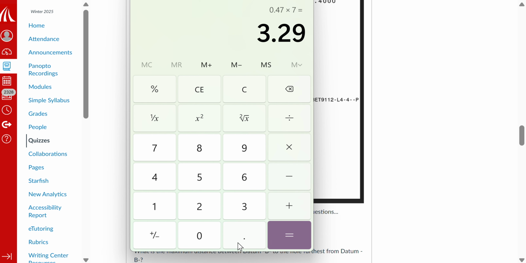Then you've got to subtract out, we'll add 0.3. Oh shoot, I lost it. I'll do that again. 0.47 times 7. That's the 3.29 from hole to hole, top hole to bottom hole.